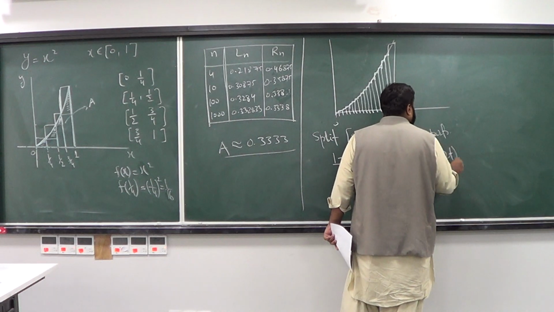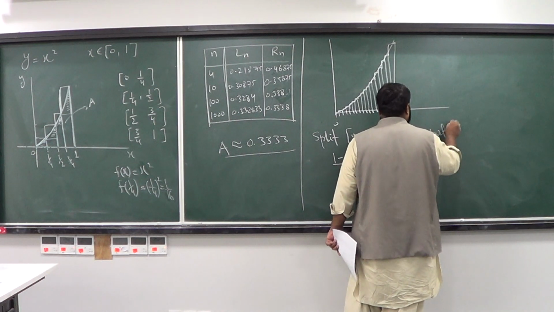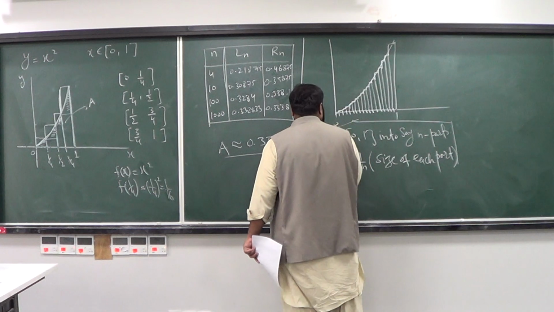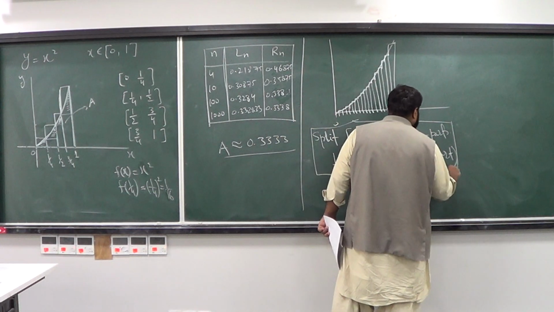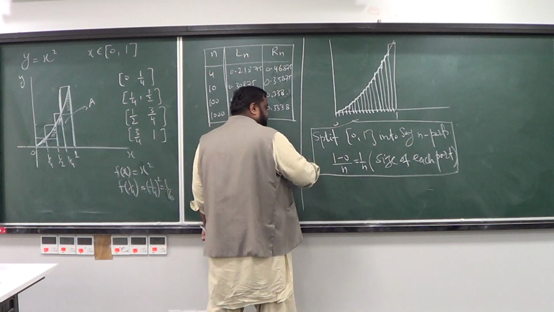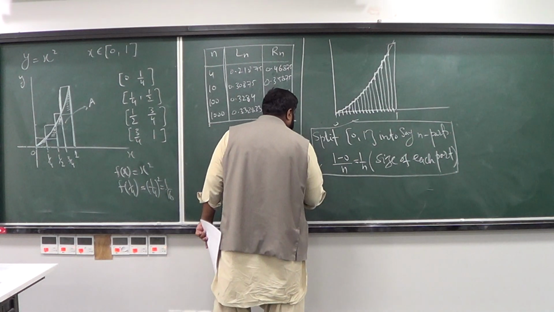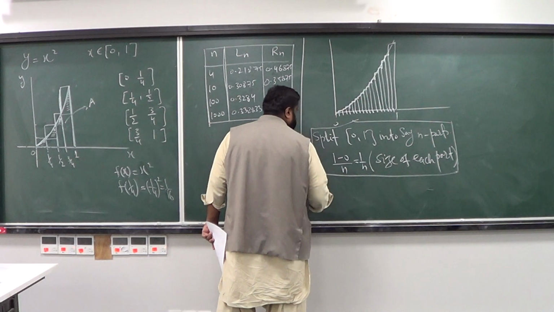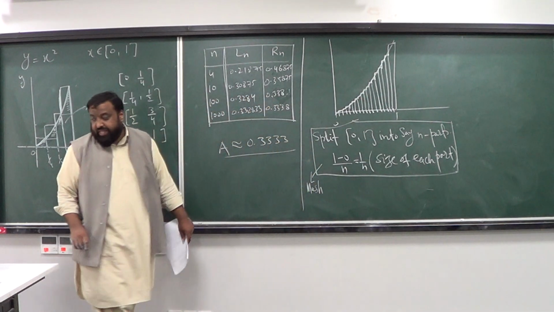We mathematically call it a mesh. So splitting the domain, splitting the interval into some number of parts of equal length, you call it that you have created a mesh. Okay, so you have created a mesh.